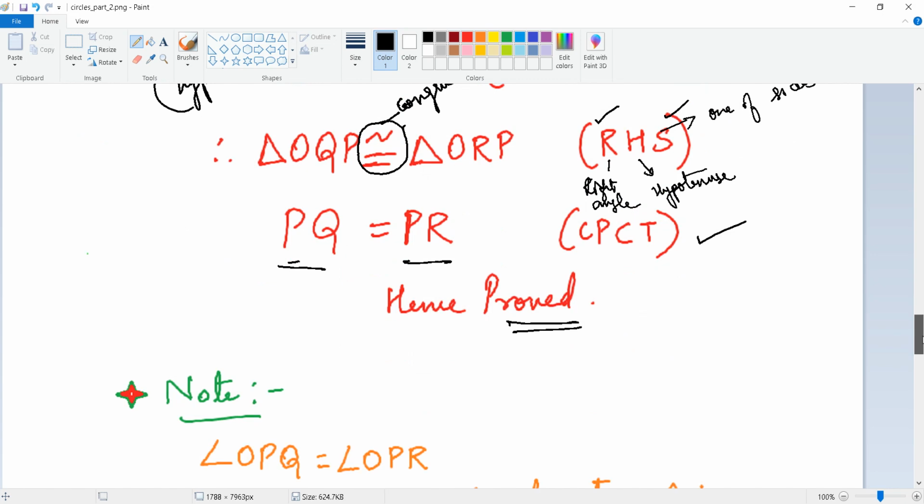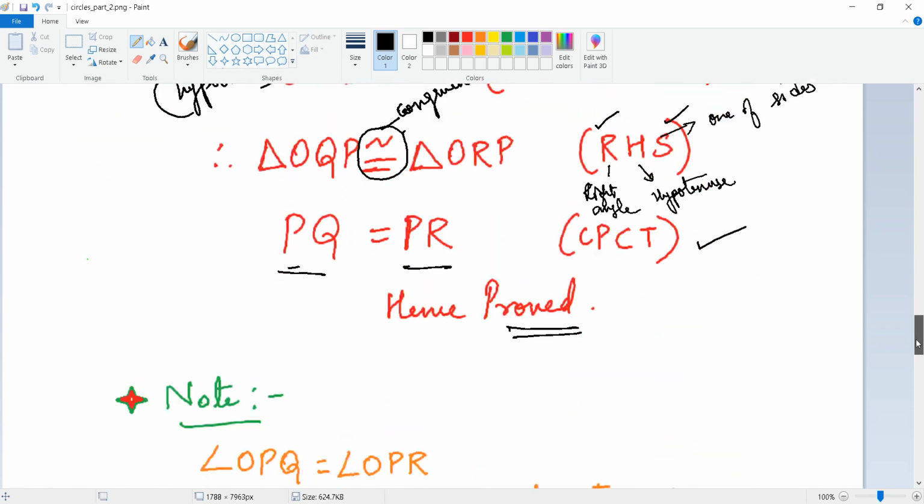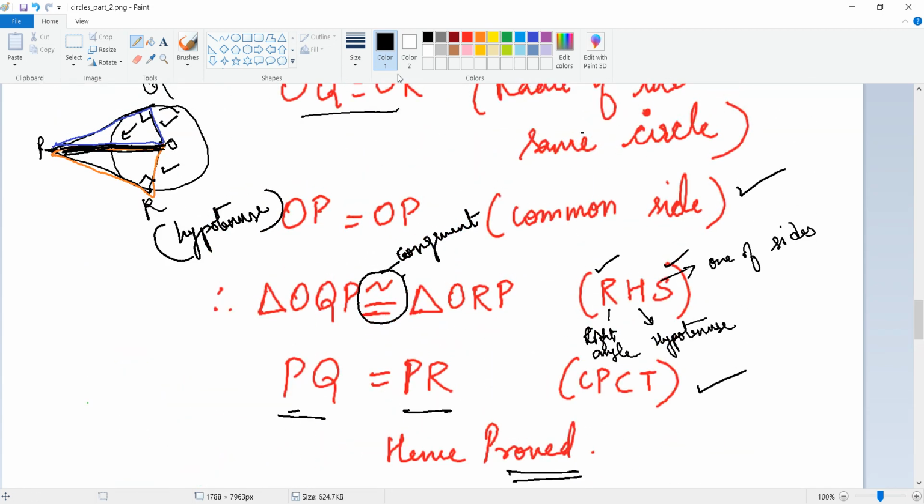From this particular proof, we have one more small note. If you look at this triangle, you can say that this angle and this angle will also be equal to each other, again by CPCT. So if you have an angle and a line which divides this angle into two equal parts, that line is called the angle bisector, because it bisects the angle into two equal halves.